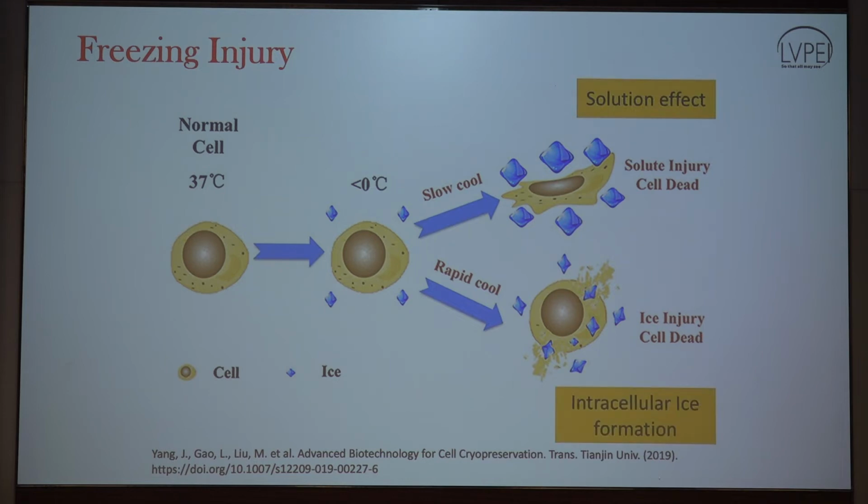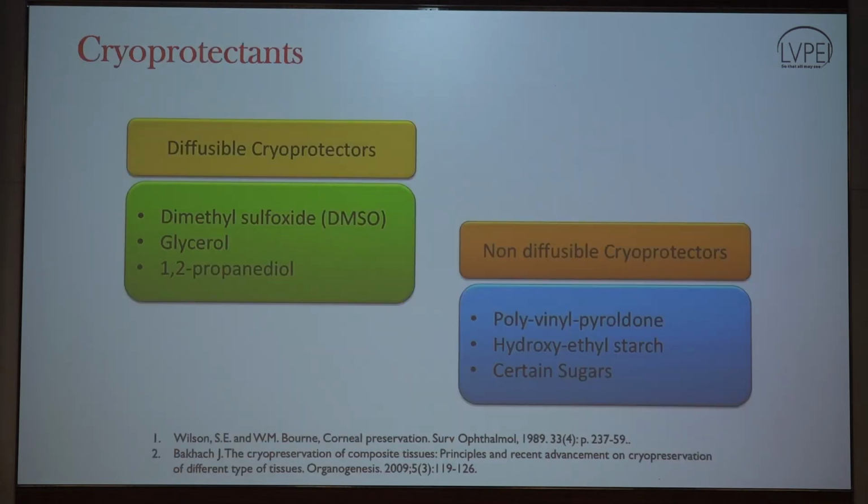To prevent that, cryoprotectants were proposed. These cryoprotectants are DMSO, glycerol, or propanediol, and the non-diffusible cryoprotectants are polyvinyl pyrrolidone, starch, and certain sugars.